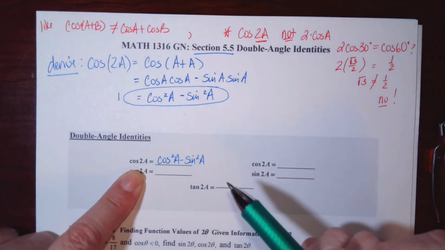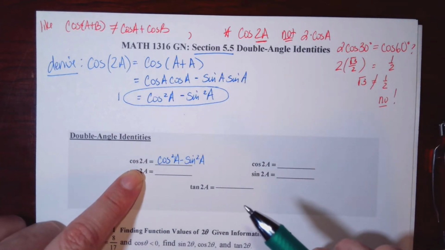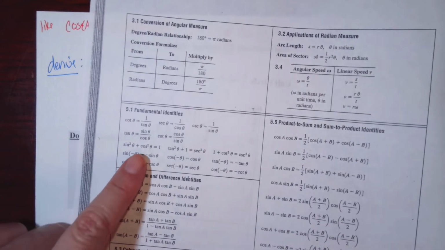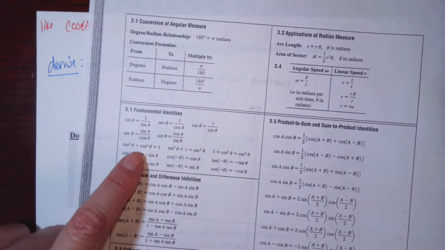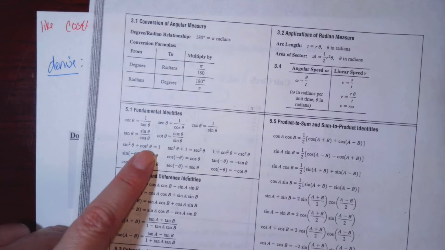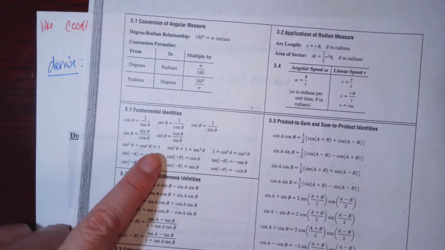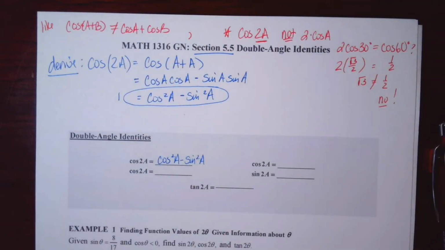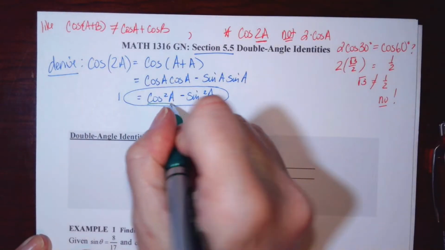But wait, there's more. Because I can use my basic foundation Pythagorean identity. Go back to those fundamental identities. My primary Pythagorean identity: sine squared theta plus cosine squared theta is 1. So I can replace that cosine squared theta with 1 minus sine squared theta.